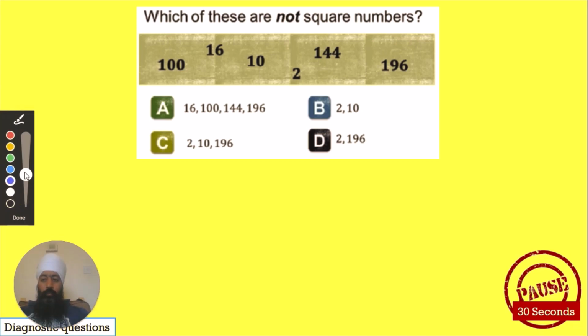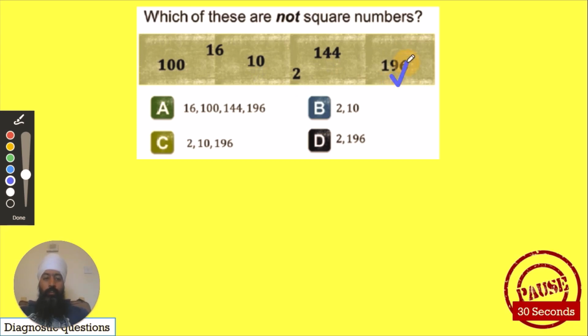Okay, so let's start off by ticking the numbers that are square numbers. 100 is square, 10 times 10. 4 times 4 is 16. That's a square number. 10 is not a square number. 2 is also not a square number. 144 is a square number, 12 times 12.